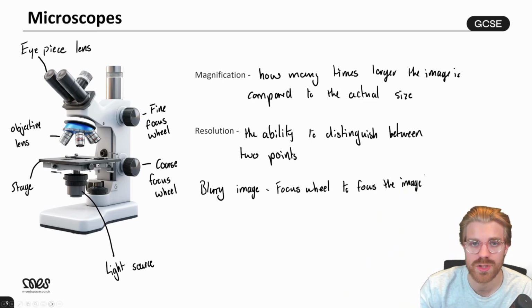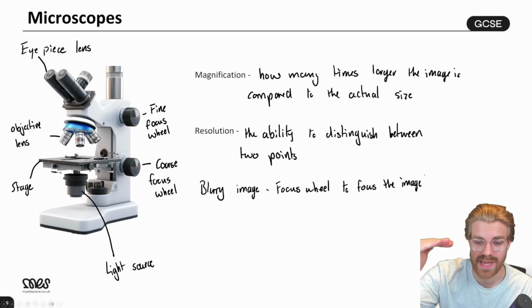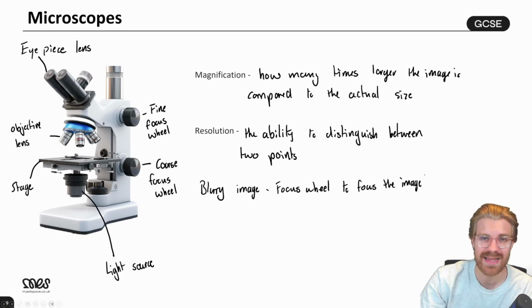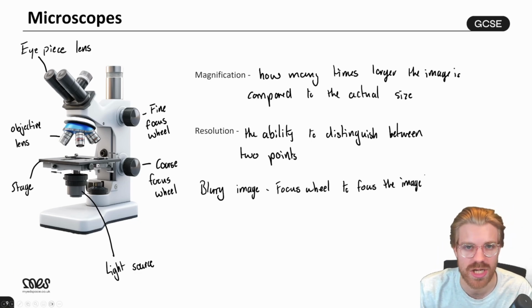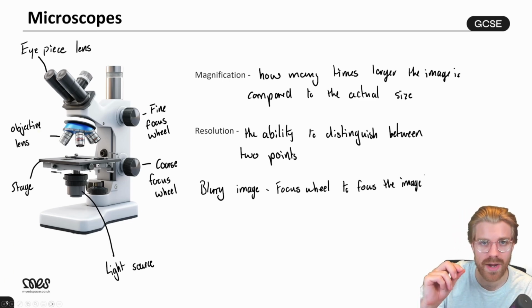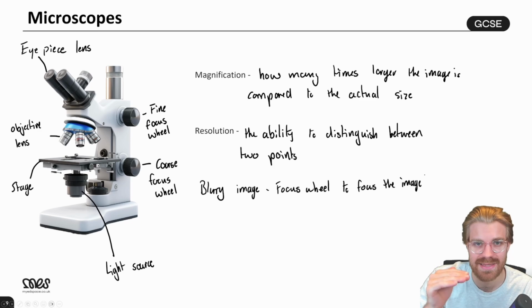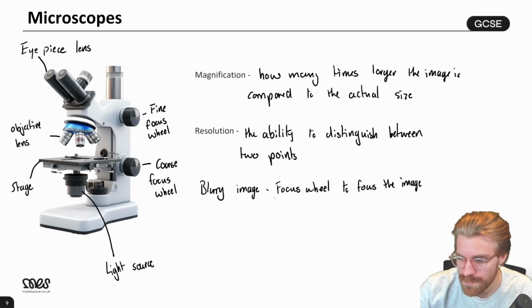The coarse focus wheel moves the entire stage up and down and is for large scale adjustment. The fine focus wheel has a much smaller range of movement within the lens itself, and that's for getting the kind of perfect clarity. This makes the image clearer.